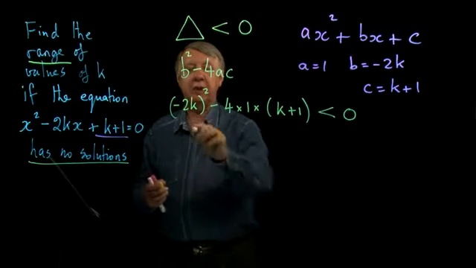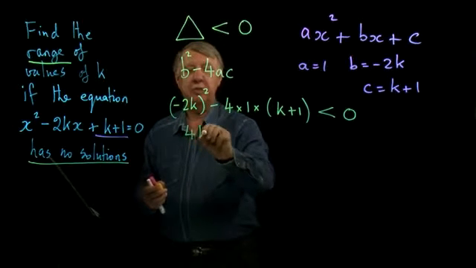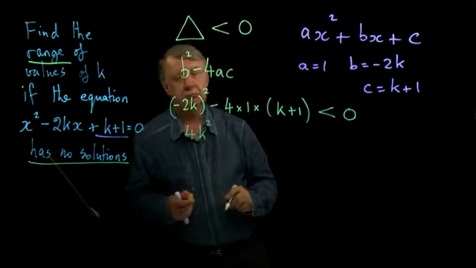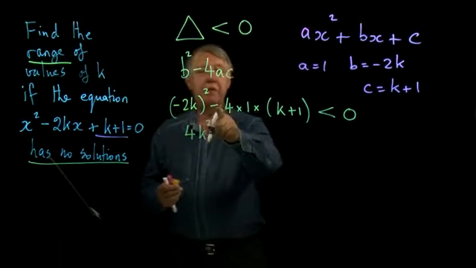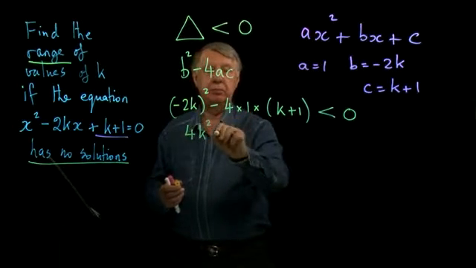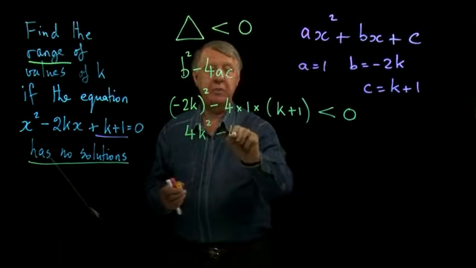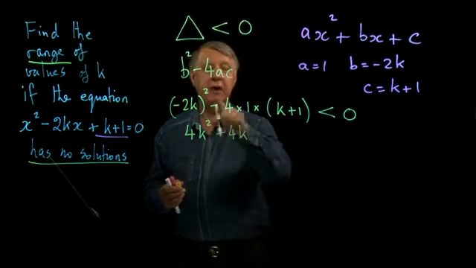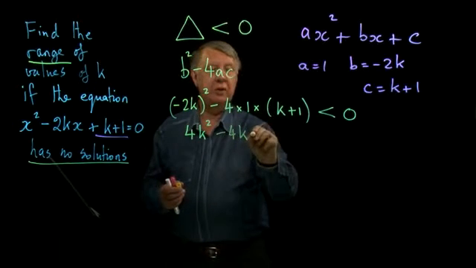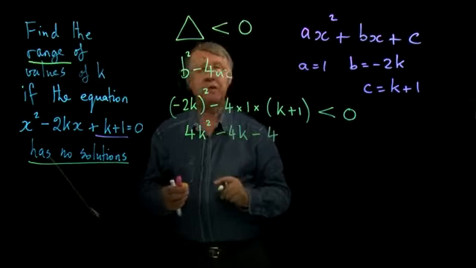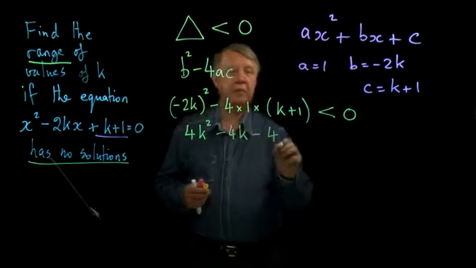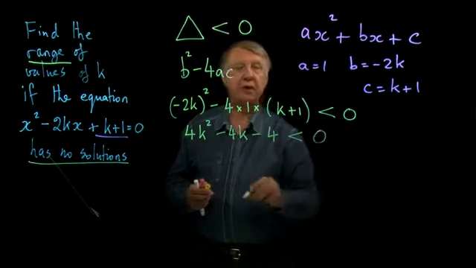Square negative 2k is positive 4k squared. Minus 4 times this bracket. So it's minus 4 times k, which is minus 4k, and minus 4 times 1, which is minus 4. And that has to be negative.